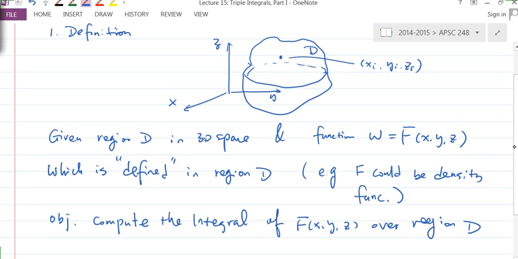We can start with a very similar process to the double integral. Let's take a very small box around that point xi, yi, zi, and we represent that small box using a small volume, let's say delta Vi.